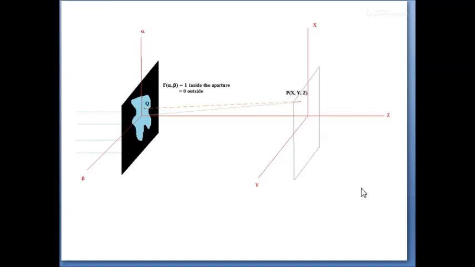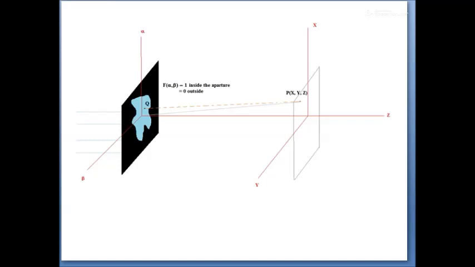And we are going to calculate the effect of all those secondary wavelets, which are basically coming from the points of the aperture, at the external point P. Right now, P is situated at the point XYZ, and I keep the screen on the XY plane, which is approximately parallel to alpha and beta. So the point P will be XYZ.